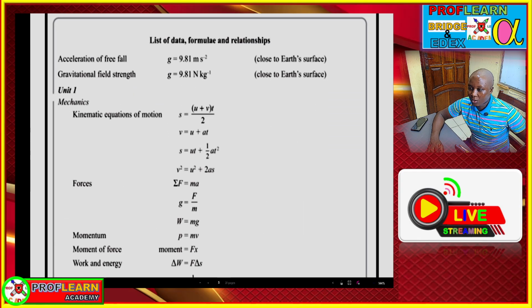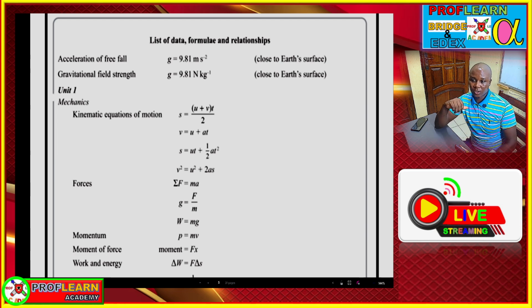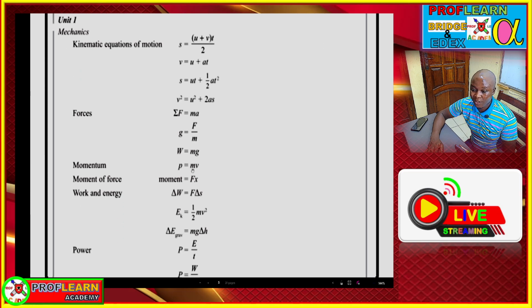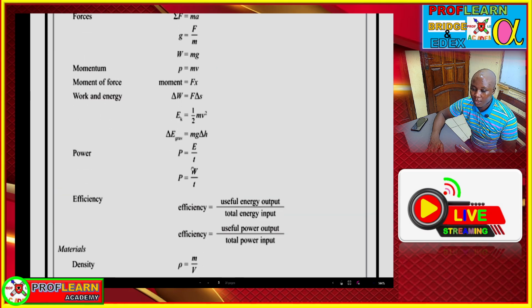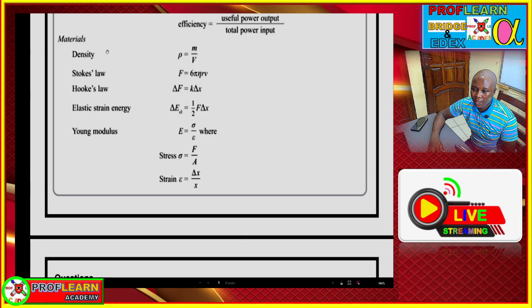At the last page of the paper, you are also going to be provided with the formula sheet. Those are the list of formulas you'll be provided that I've shown you here. Make sure that with these formulas, you don't have to cram them, but you know how to use them. You can see these are the provided formulas: density, Stokes' law, Hooke's law, elastic strain energy.